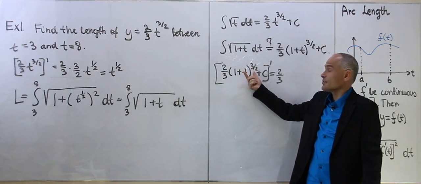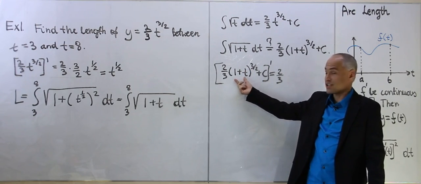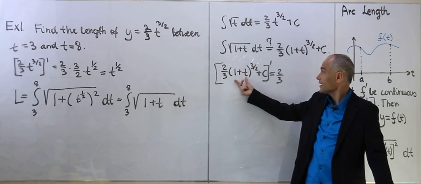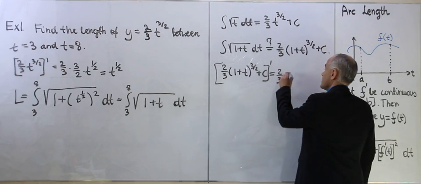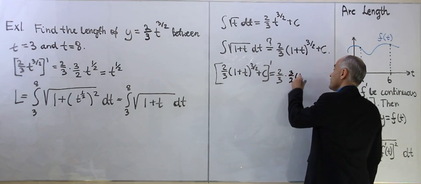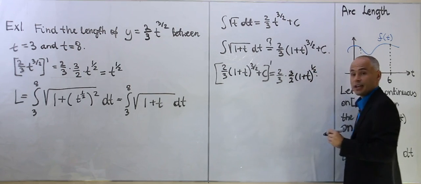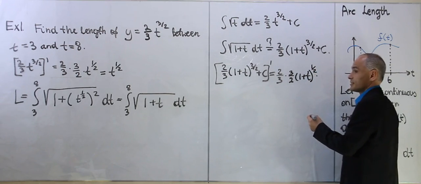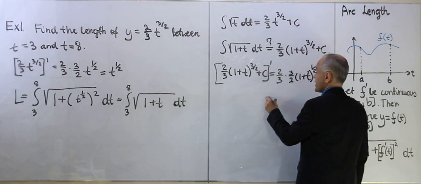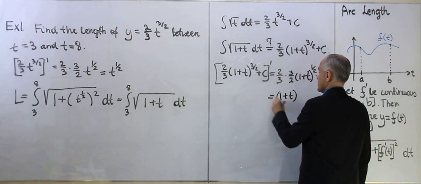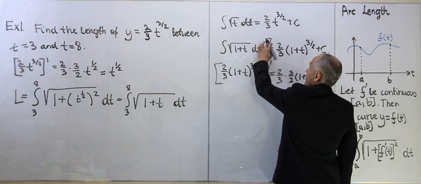Because (1 plus t) to the power 3/2 is the composition of two functions, the inner one of which is just a linear function, just add 1, and the outer one is raising the argument to the power 3/2. So first the derivative of the outer function times the derivative of the inner function. The derivative of 1 plus t with respect to t is 1, right? So in fact we get (1 plus t) to the power 1/2, which is exactly this. So yes, our guess is correct.